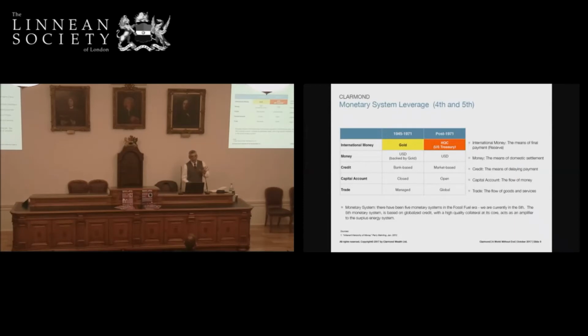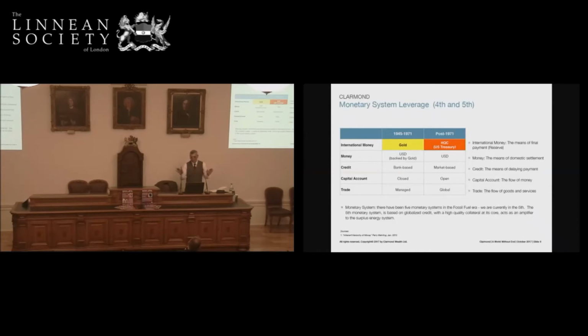There have been 5 monetary systems in the last 150 years. We're currently in the 5th. You can define a monetary system by asking, what is international money? Where is money accepted everywhere? Prior to 1971, gold was international money.